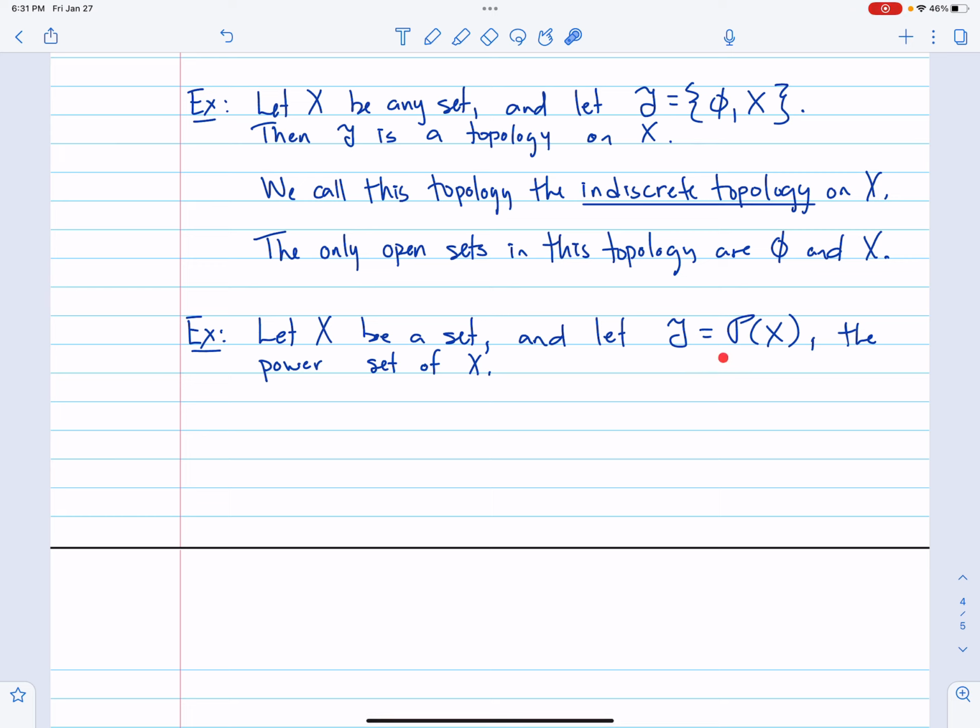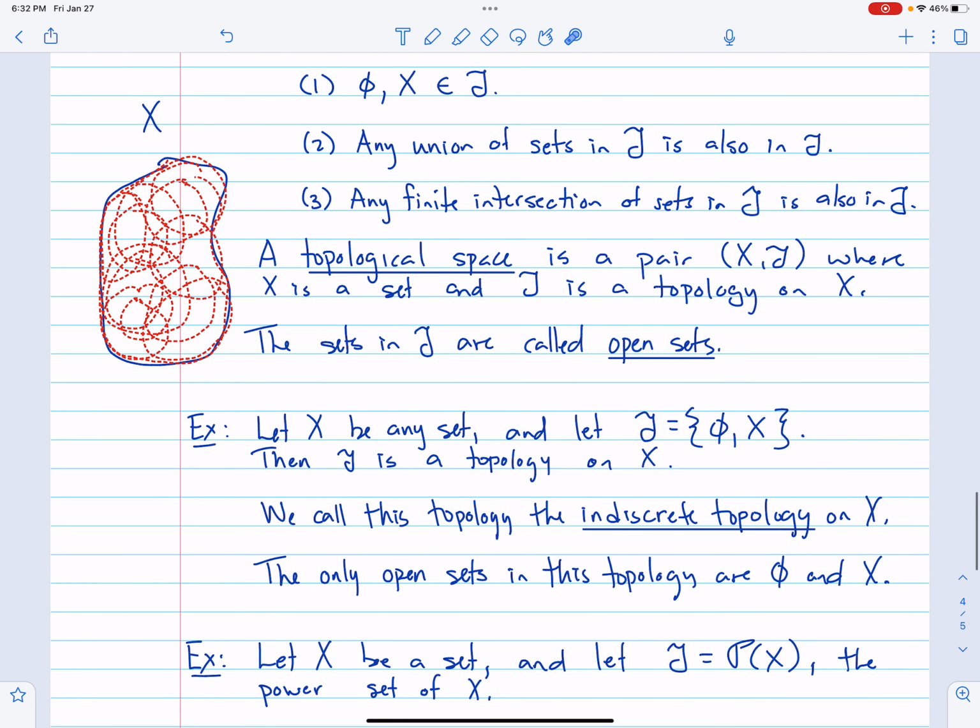Here we're saying, let's include every single subset of X, and let's call all of those subsets open sets. So we should check these three axioms. Is the empty set and the whole set included in T here? Of course, T includes all subsets, so it includes those two. If I take the union of any collection of subsets in T, do I get another subset in T? Again, every subset of X is in T, so any possible union I form is going to be inside of T. And likewise, any finite intersection I form using elements of T will also be in T, because T is the power set. It contains everything.